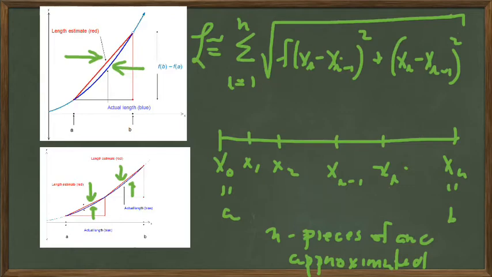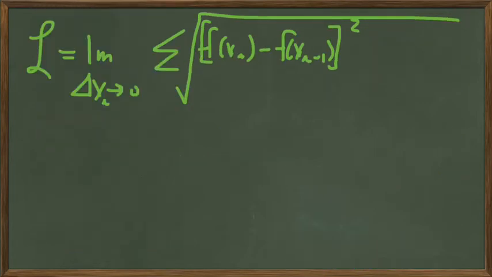Now back on this setup slide, I should have subtracted the two f of x values. I had that written incorrectly before. So as we say what we're doing, now we're taking the limit as delta x i goes to 0. This is just what we had on the previous slide.